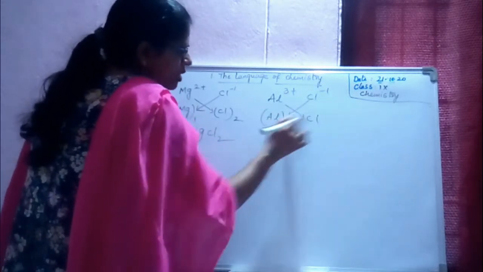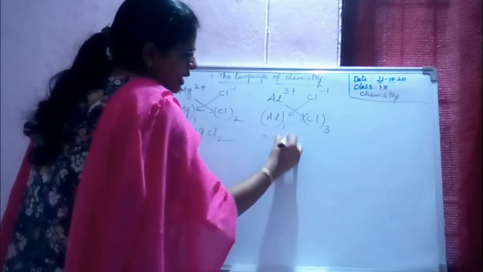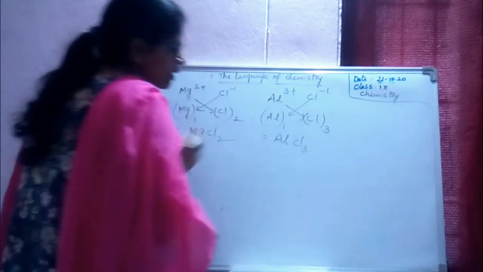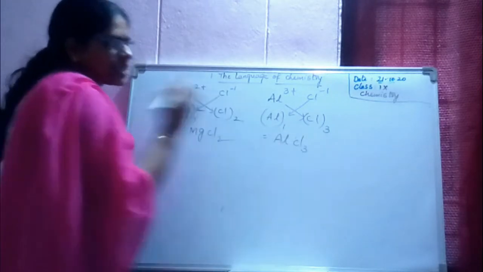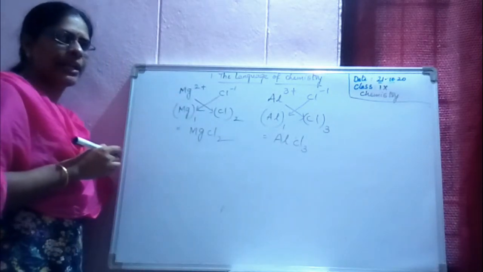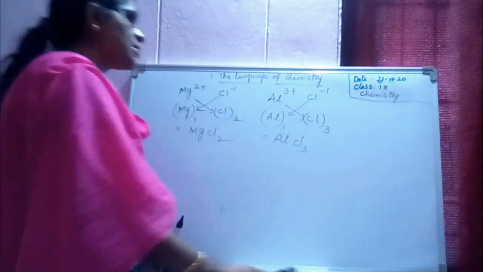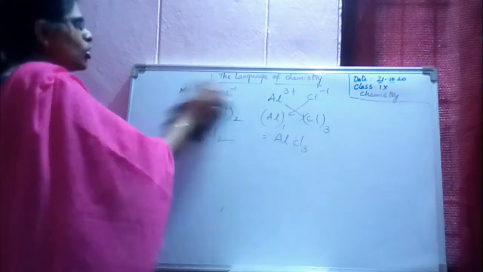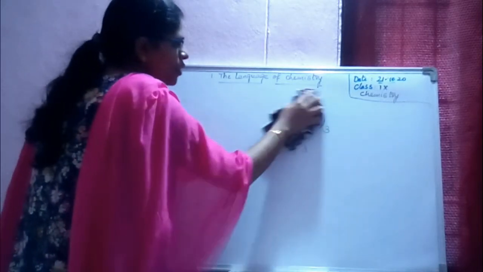So Cl is 3. Hence AlCl3. Name the compound: aluminium trichloride. Okay.